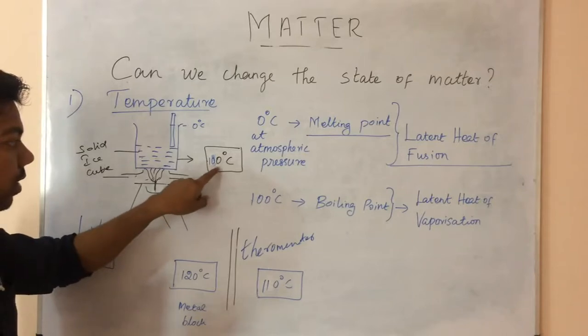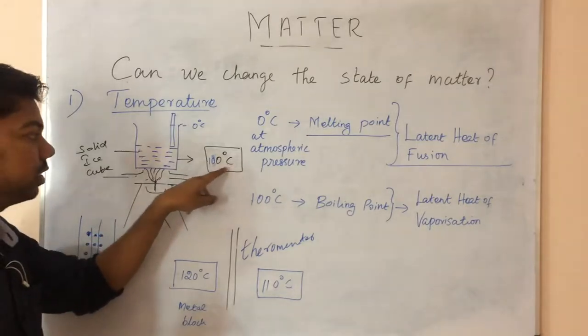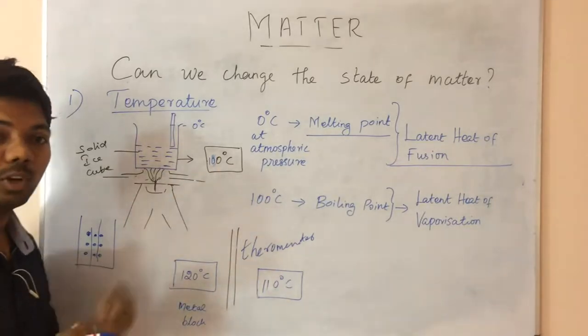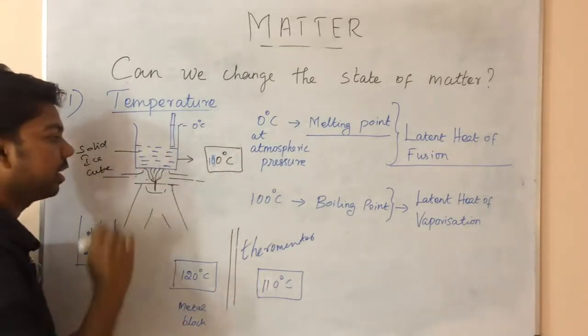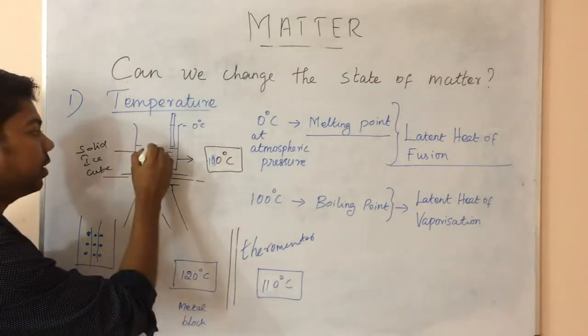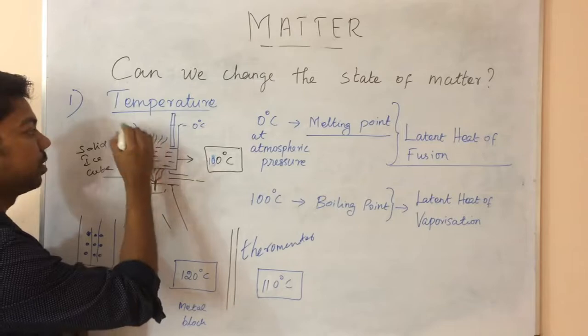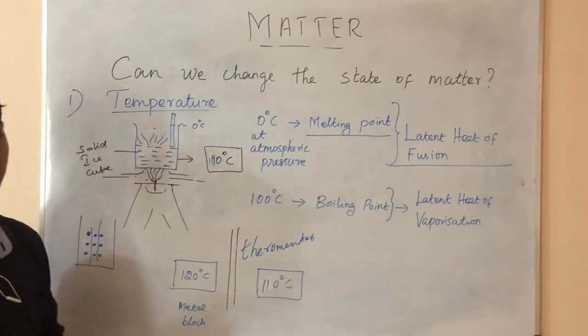When the temperature reaches 100 degrees Celsius, there is no change in temperature. At this state, the liquid will form vapor. This is known as water vapor.